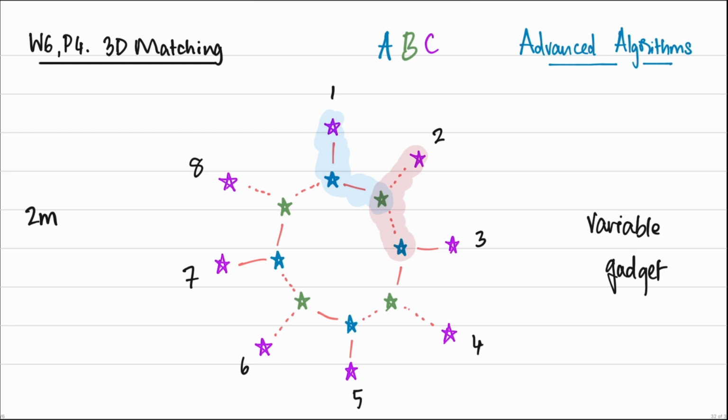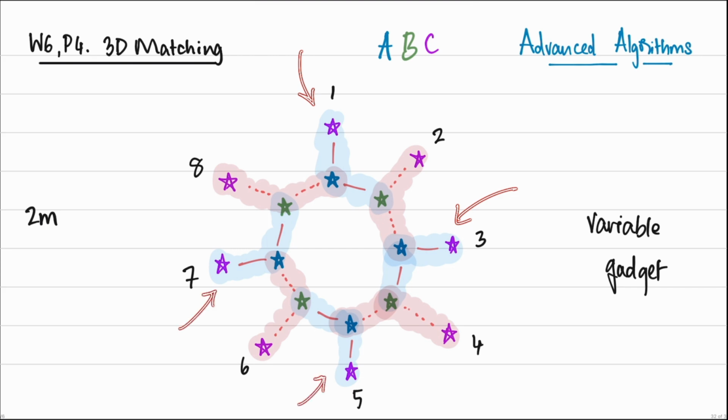You can see that the consecutive triplets overlap at a common vertex, which means that once we start picking from an odd numbered spoke here, then we are forced to only pick odd numbered triples. So we either pick all the blue triples or we pick all the red ones.